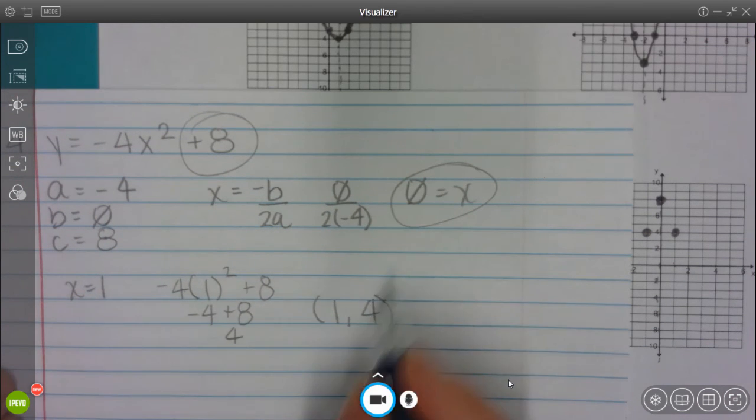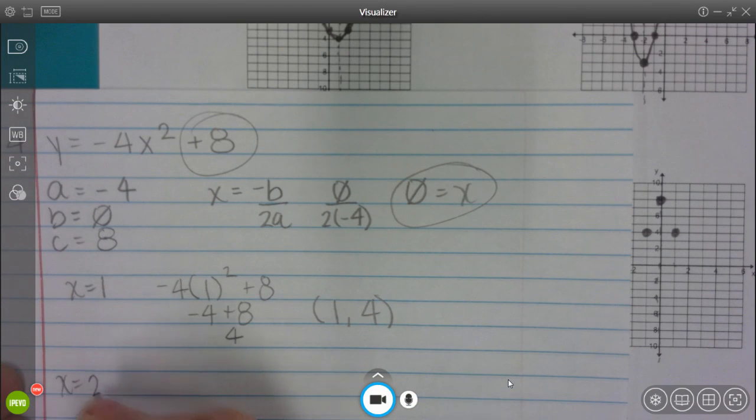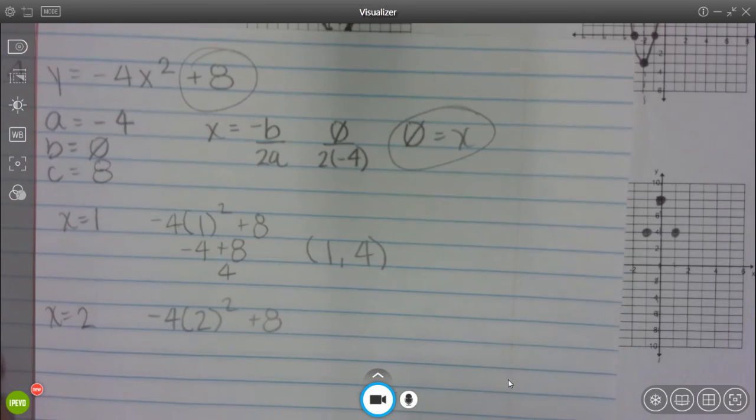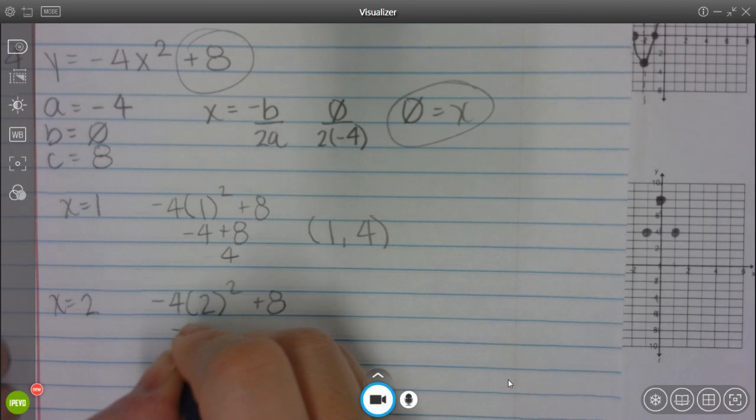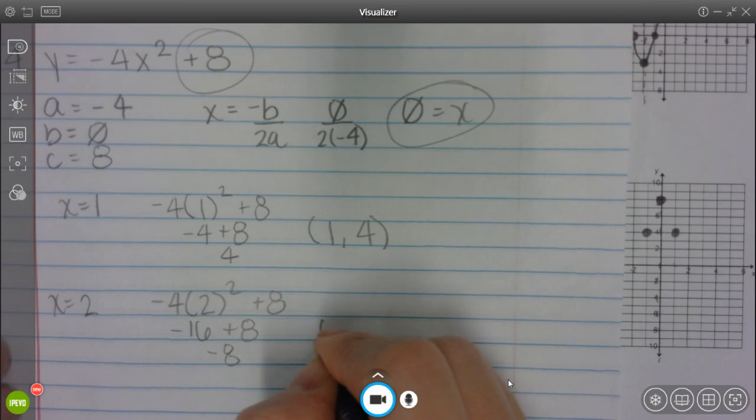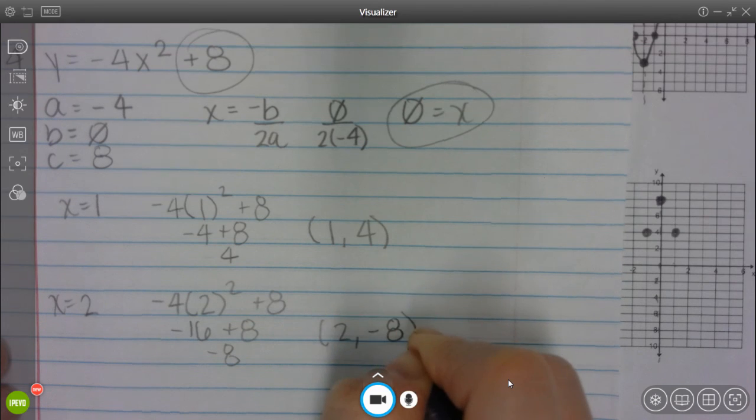Then I'm going to do the same thing with x equals 2. So I'll have negative 4 times 2 squared plus 8. 2 squared is 4 times negative 4 is negative 16 plus 8, which gives me negative 8. So I'm going to graph 2, negative 8.